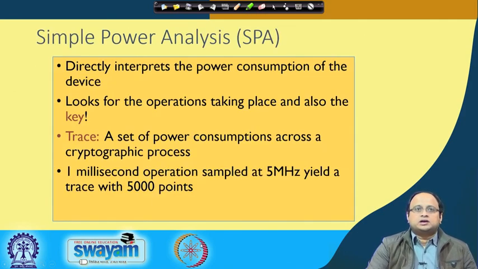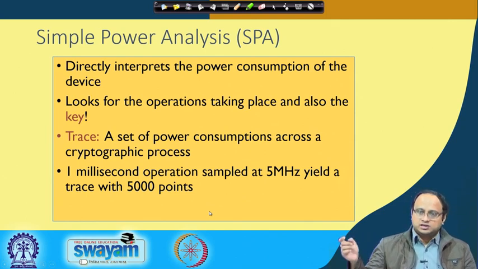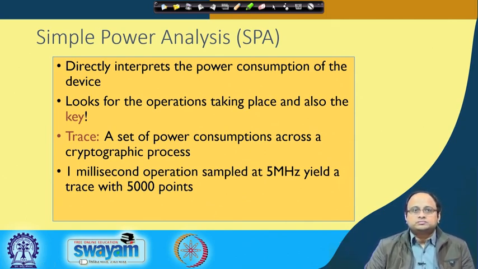As I said already, SPA, or simple power analysis, directly interprets the power consumption of the device, and it tries to look for the operations which take place and also the secret key. Often in the trace the secret key is evident. So what is a trace? Because we will be using the word trace several times.